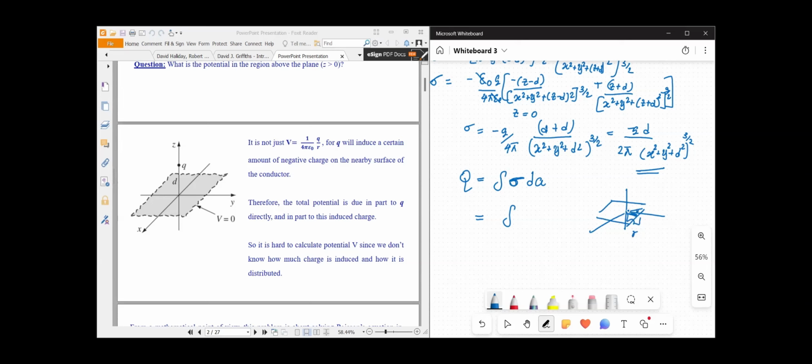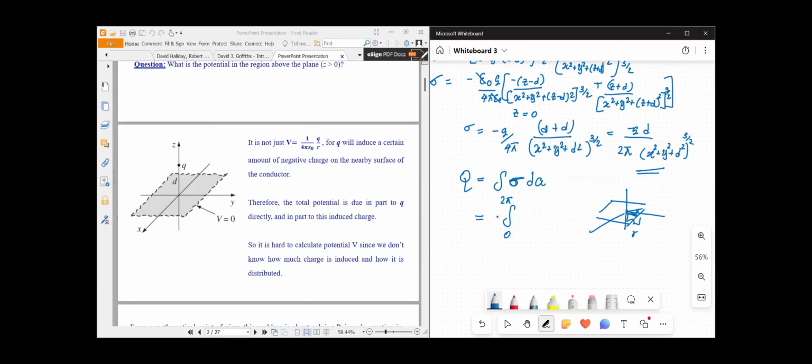R should go from 0 to infinity and theta should go from 0 to 2 pi. And R squared is equal to x squared plus y squared.